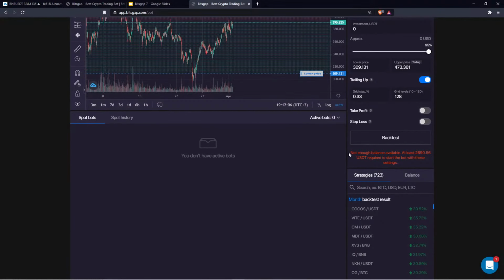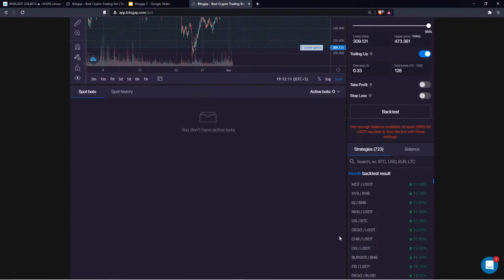Yeah, so based on the monthly backtest results, the coin of White OM, actually I don't know this, I have no clue what these coins are all about, the Cocos, okay, whatever, but yeah, these are the top performers. So the bot would make 39% if you would have launched it 1 month ago on this crypto coin in the quote currency. So you would generate 39.52% in USDT relative to your investment in this cryptocurrency pair.